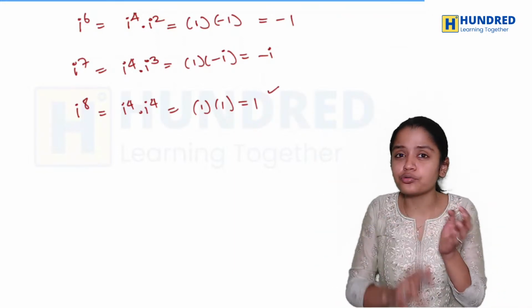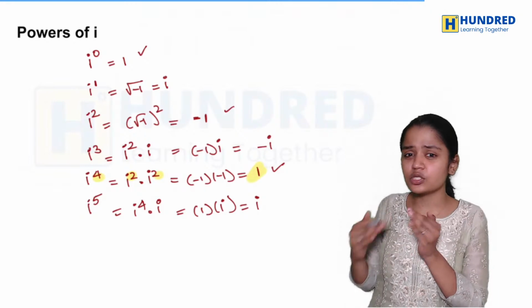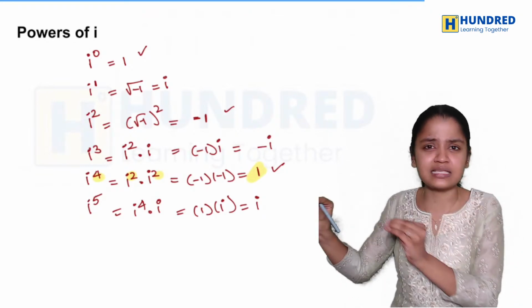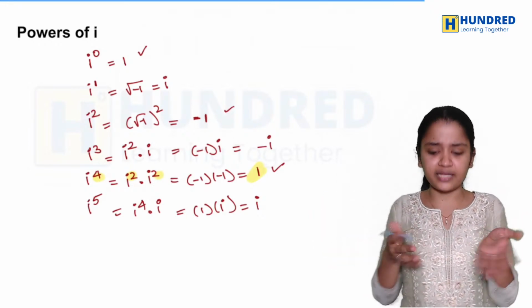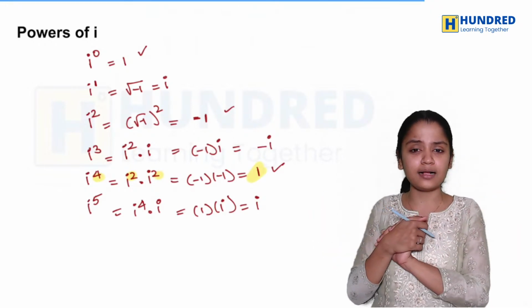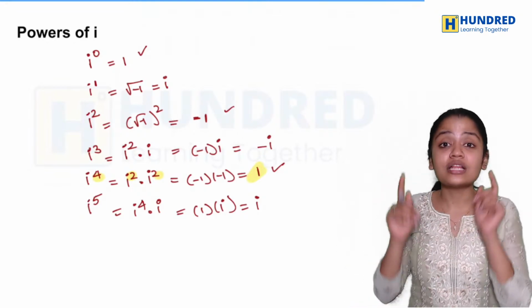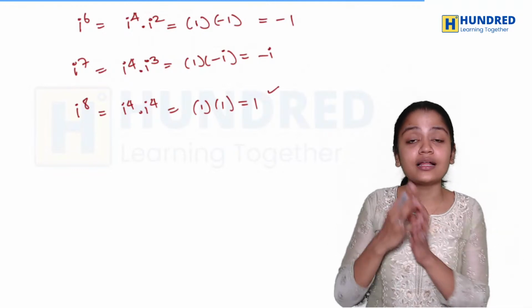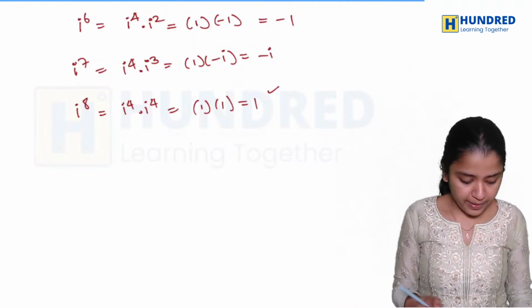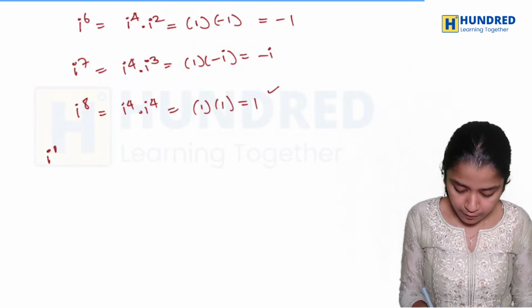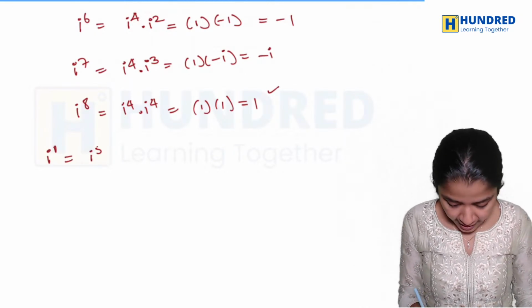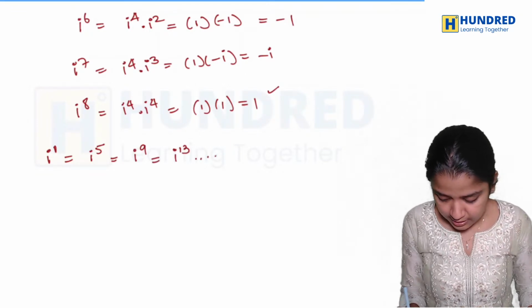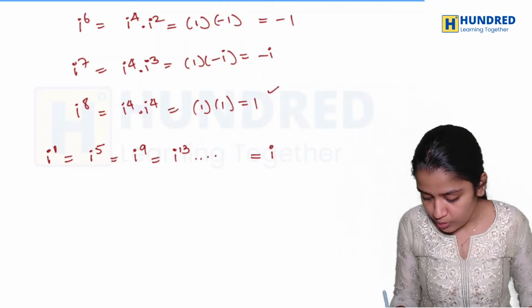When you look at the answers of all the powers, you can definitely identify a sequence. So i power 1 is equal to i power 5, equal to i power 9, equal to i power 13, and it goes on, all equal to i.